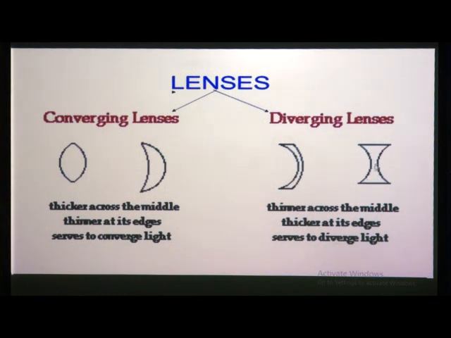This structure has two diverging lenses, and here you will see two converging lenses.